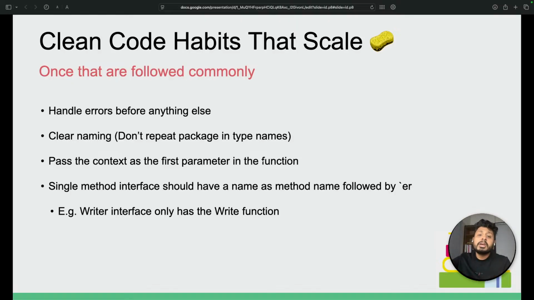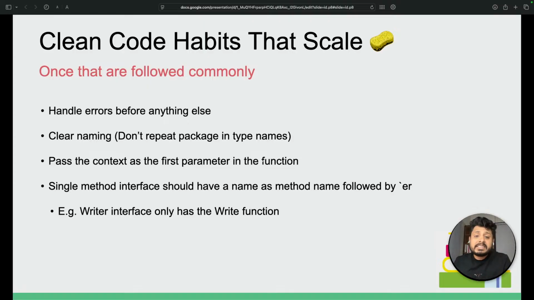So for example, your API says that we have a timeout limitation of 10 milliseconds or 10 seconds, let's say, right? So that context will have to pass till your database, so that if your API has ended, your database transaction also gets ended. It doesn't have to keep running in the background, right? So your context has to be passed, and it should be the first parameter of your function.